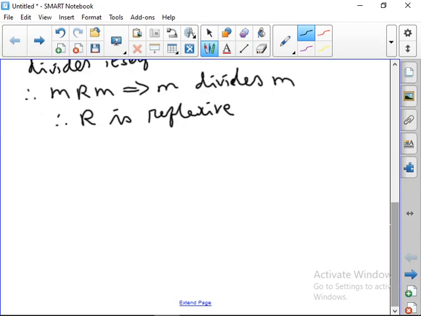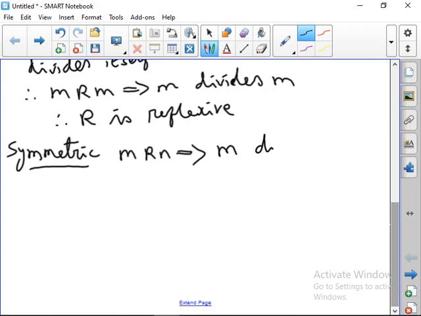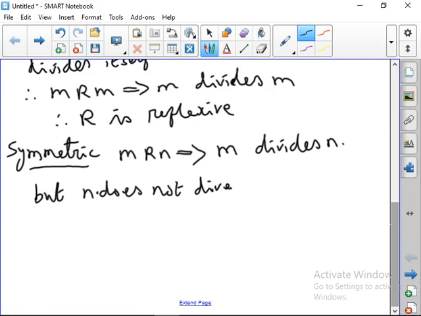Then we will see for symmetric. If m is related to n, what does it mean? m divides n. But n does not divide m.